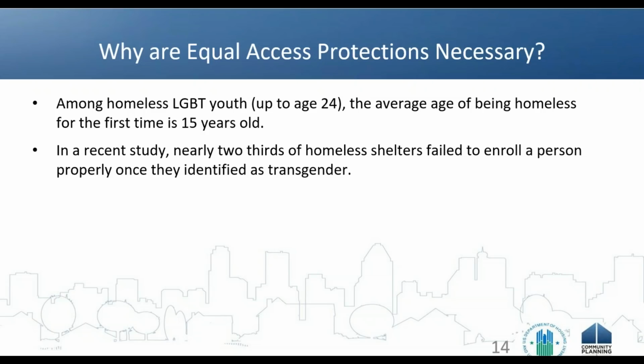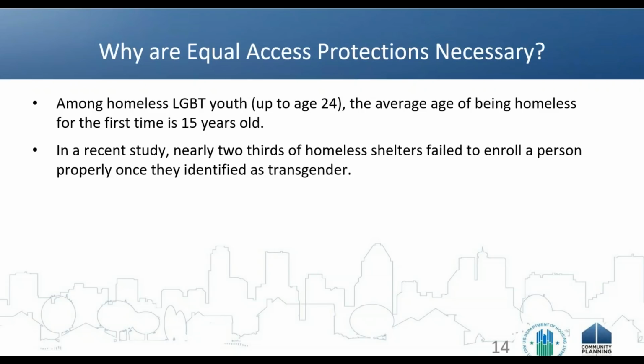Somebody called and said, I need a bed, and after revealing her transgender status, whoever was on the other end of the line, whether it was a shelter intake staff or a coordinated entry staff, 2/3 of the time they did not house people properly.